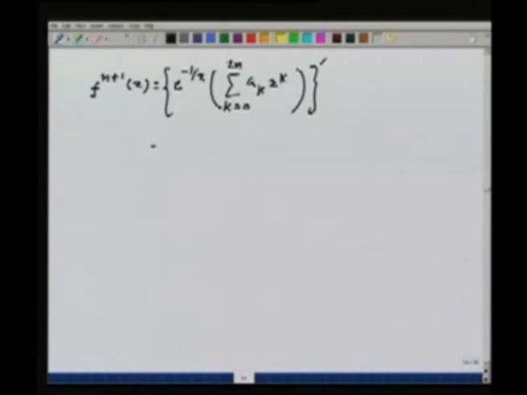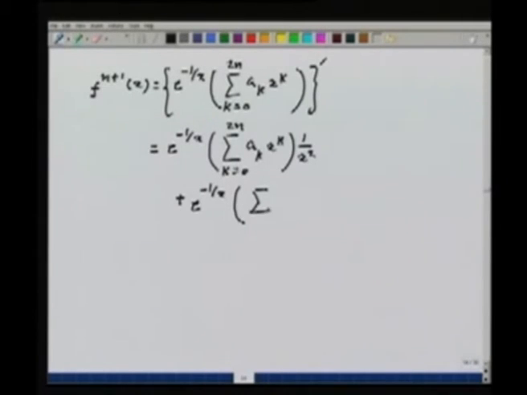Well, this then turns out to be e to the power minus 1 by x into the summation k from 0 to 2n a_k x to the power k times 1 by x squared, plus e to the power minus 1 by x times the derivative, so that is k from 1 to 2n.